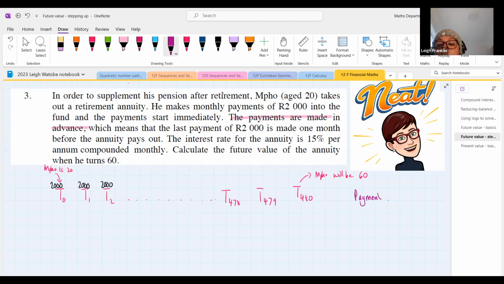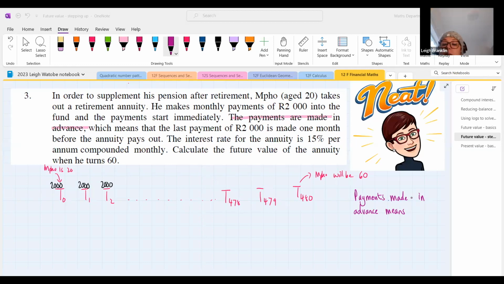Payments made in advance means he's making the payment before the end of the month.